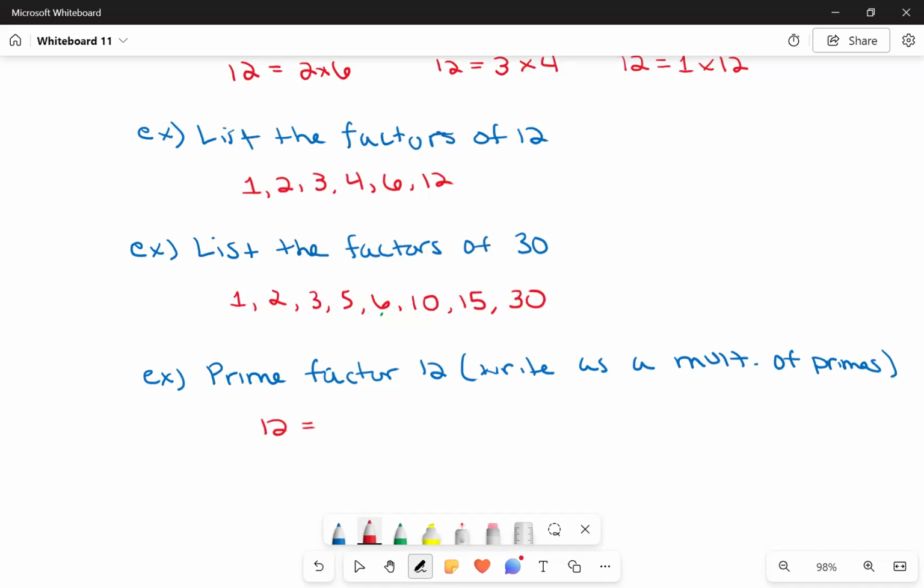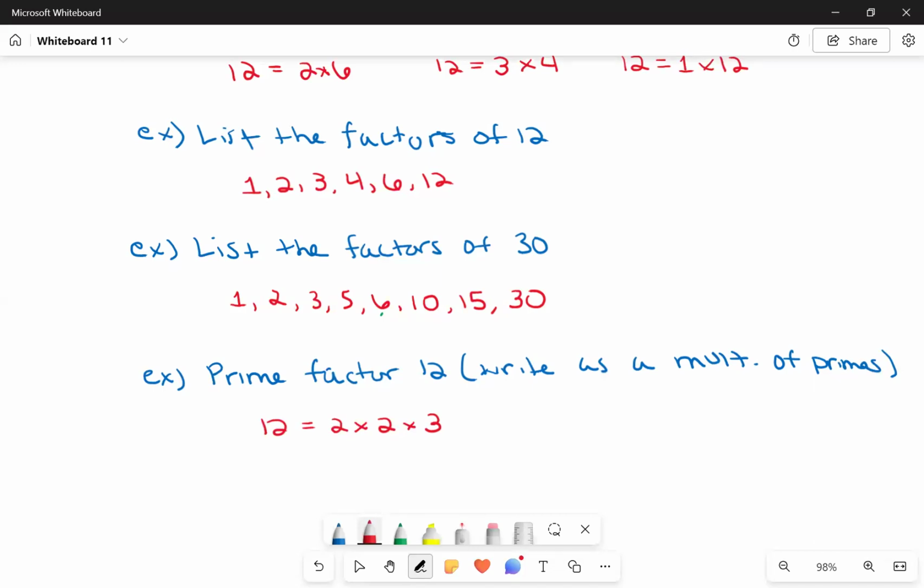But both 6 and 4 are not primes, so I could think of breaking those up further. In other words, 2 times 2 times 3 would be the prime factorization of 12, because when we multiply those all together, it gives us 12. And all 3 of those numbers are primes.